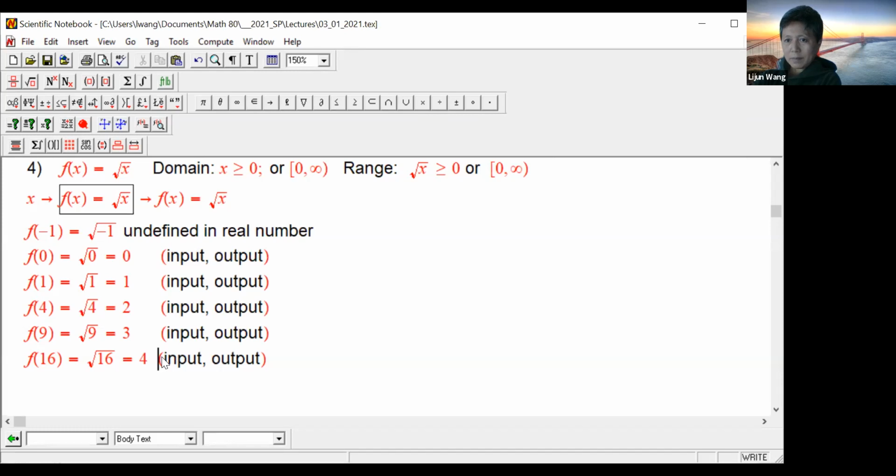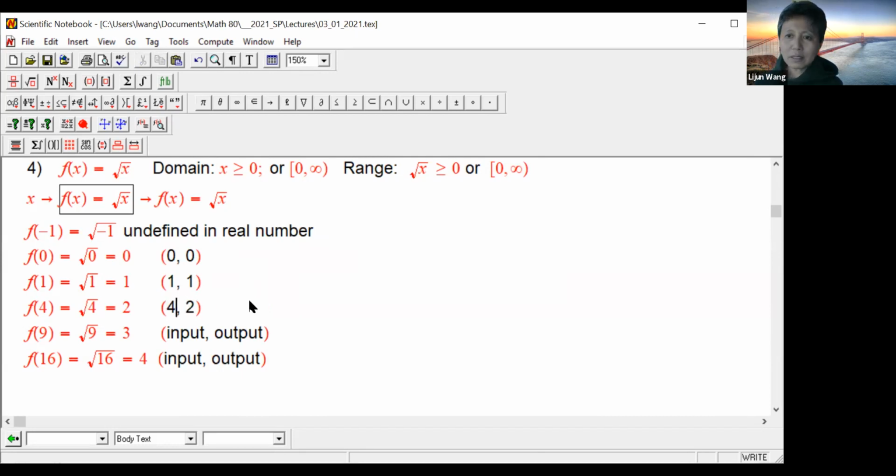You guys are working on it? So when input is 0, output is 0. Input is 1, output is 1. Input is 4, output is 2.